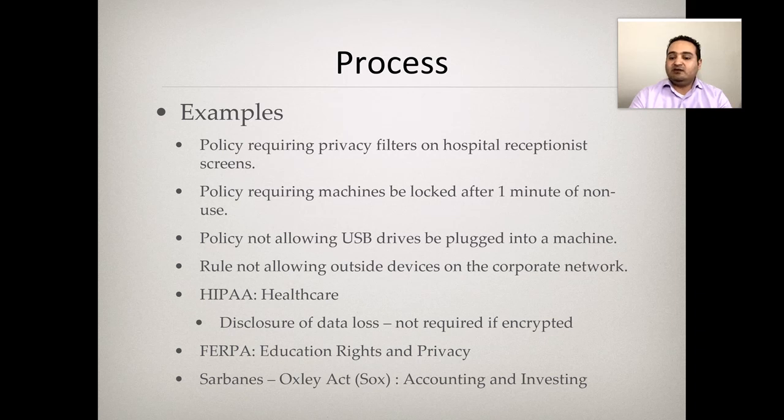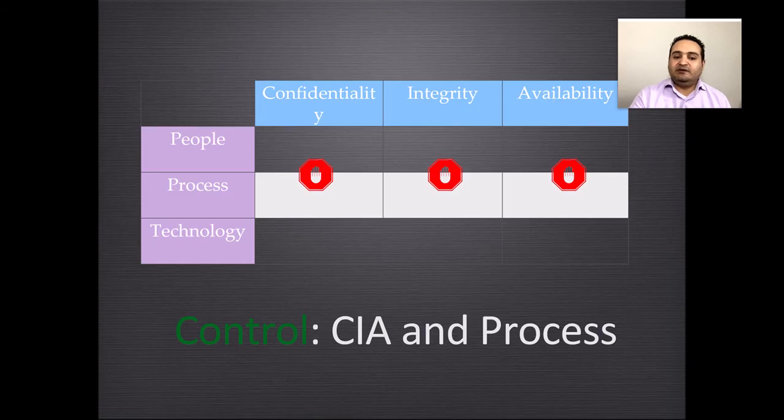You might have seen those. Or passwords to be changed every 3 months. Or a policy requiring machines to be locked after 1 minute of non-use. Those are just examples. I will let you go over them and read them.